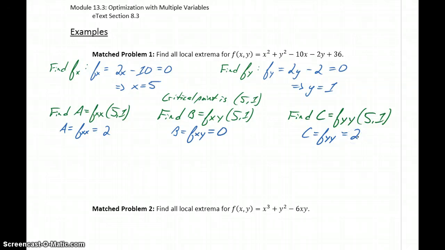So we have our values for a, b, and c, which means now we can find ac minus b squared. Check to see is that positive, negative, equal to 0. So we take a, which is 2, times c, which is 2, and subtract 0 squared, which is going to give us 4. So that's a positive value.